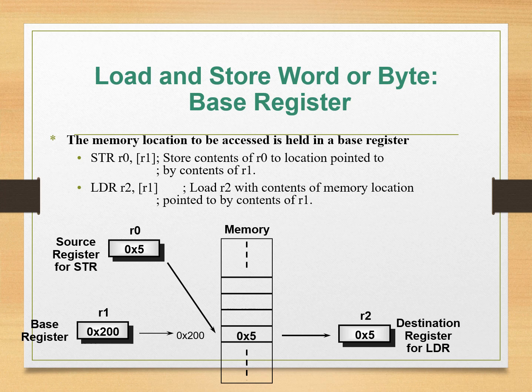So this is the destination R2. Okay, and for the first one, let's say the content of register 1 is 200. So it will go to 200 and then store whatever content is in R0 to this address. This is for the store instruction.